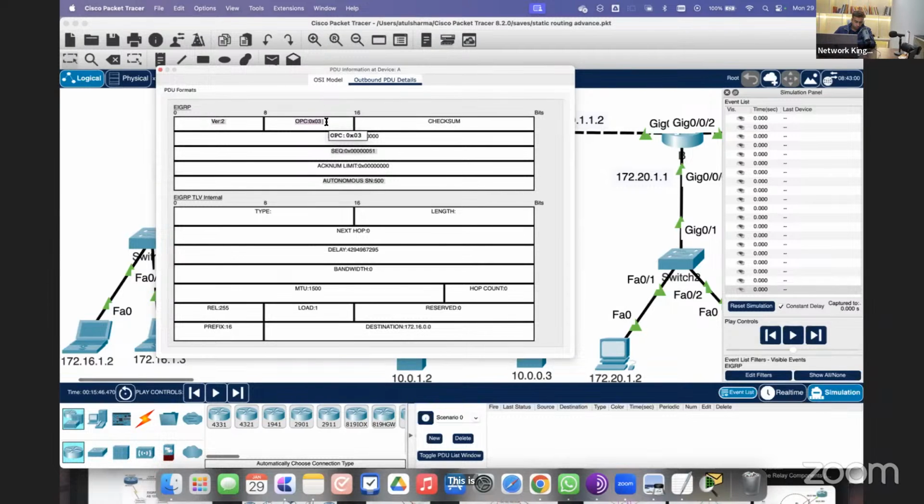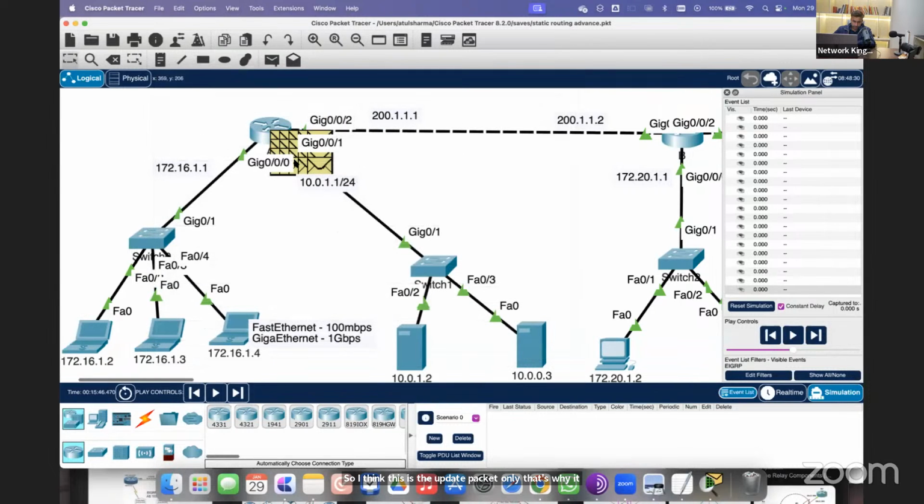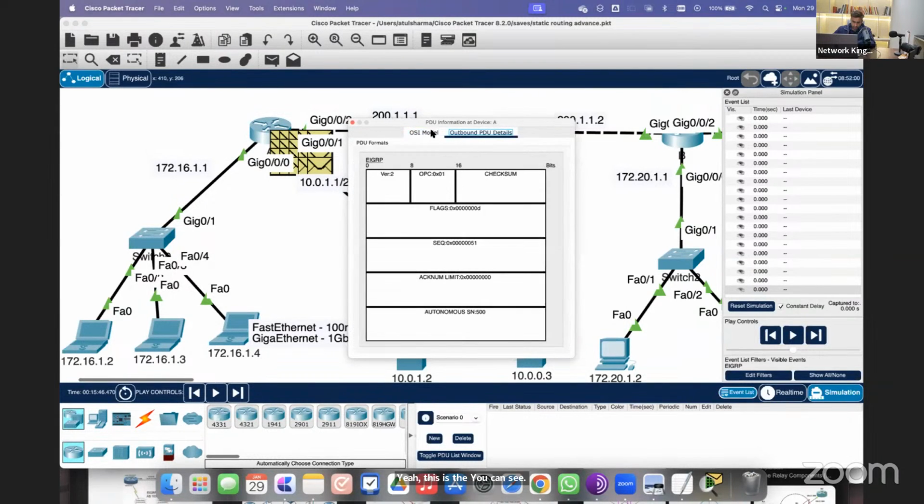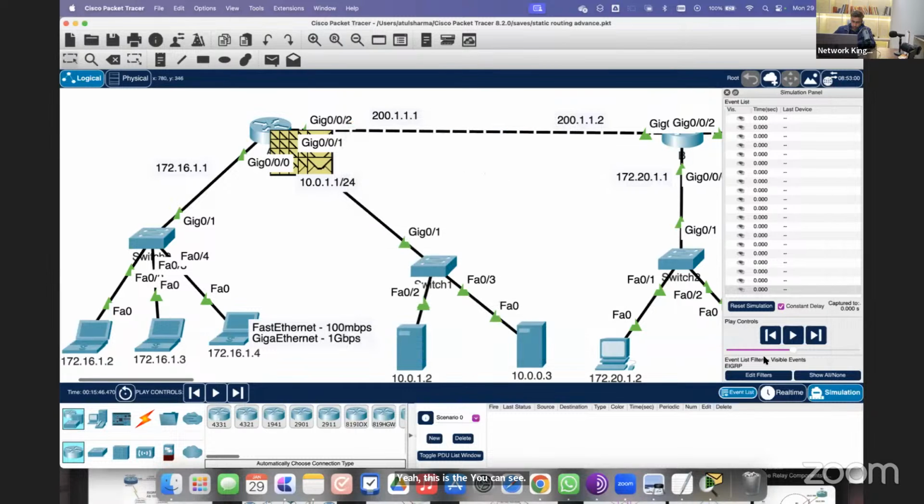The types are hello, update, reply, acknowledgement, query. I think this is the update packet only, that's why it is opcode 1. And it is going with a sequence number.